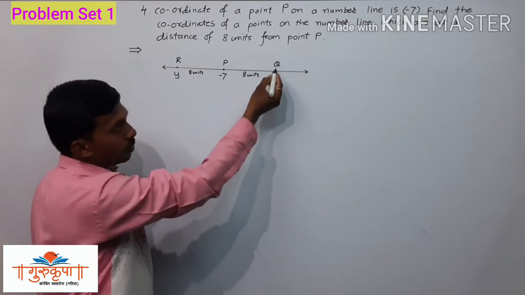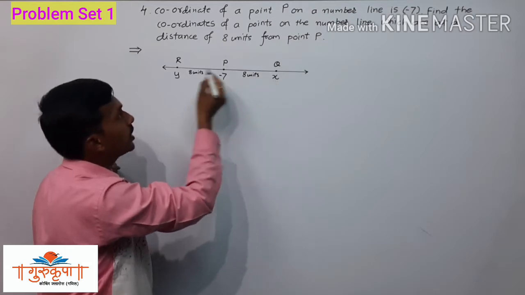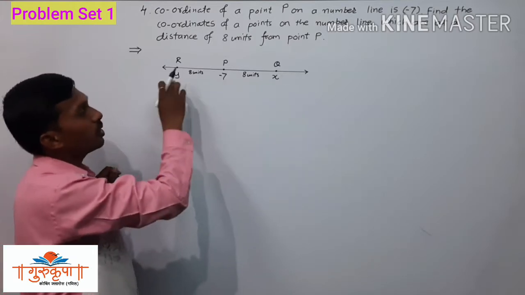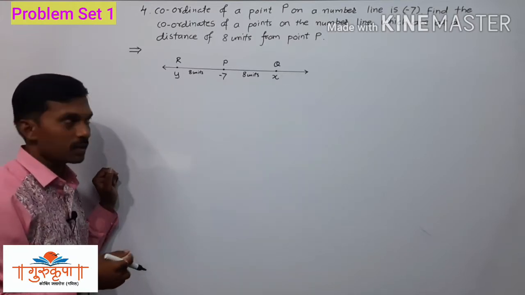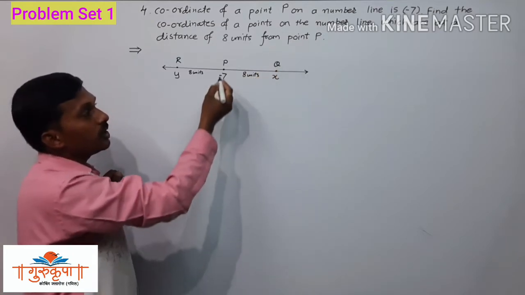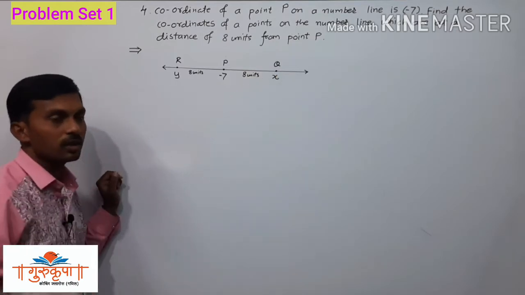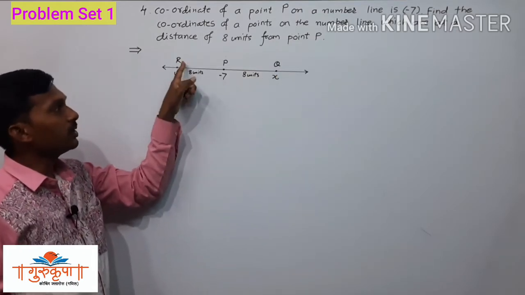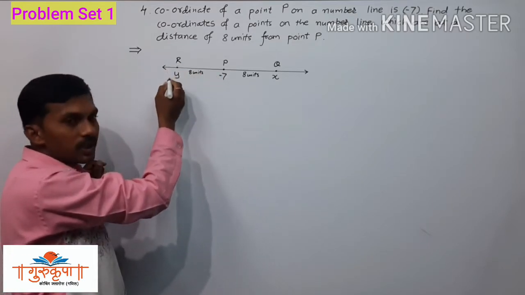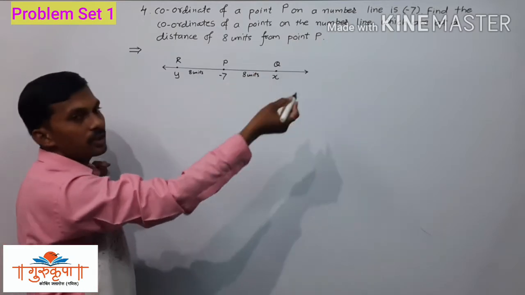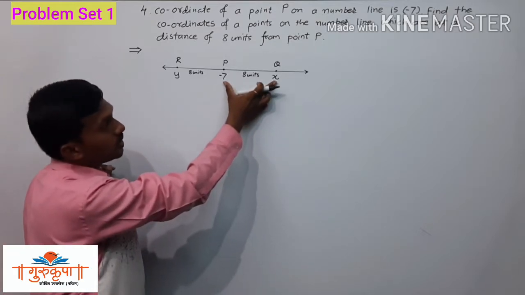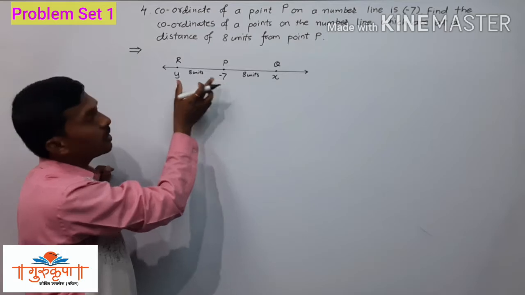Here we consider that the coordinate of the point Q is X, and the coordinate of the point R is Y. So we have to find the values of X and Y. X is the coordinate of the point Q which is at a distance of 8 units from the point P, and point R is also at a distance of 8 units from the point P. This point R is at the left side of the point P and point Q is at the right side of the point P. So the distance PQ is 8 units, and the distance PR is 8 units.